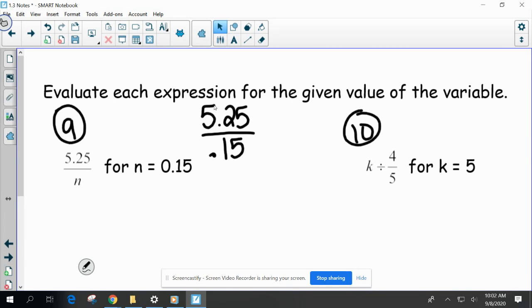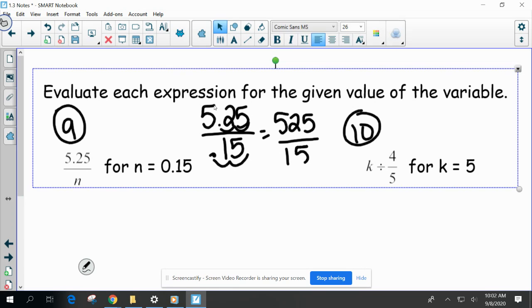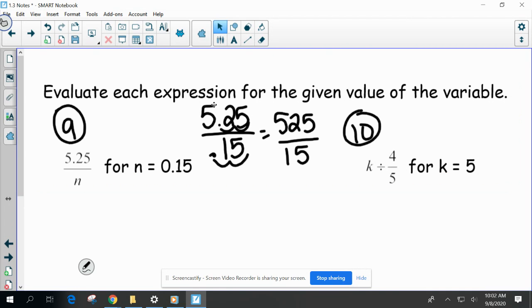So I need to then move my decimal twice. So I would get 525 divided by 15. You could do long division on this, or you could start simplifying. Like I noticed they both end in 5, so I probably simplified that down. Did everybody jump to long division? Okay, we'll do it that way then.